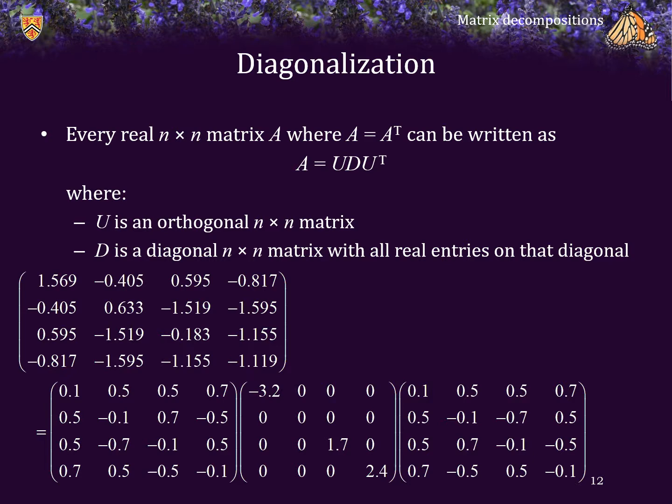In the middle, we have a diagonal matrix that has 4 entries on the diagonal, negative 3.2, 0, 1.7, and 2.4. The matrix on the right is the transpose of the matrix on the left.